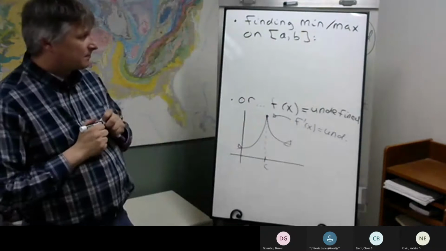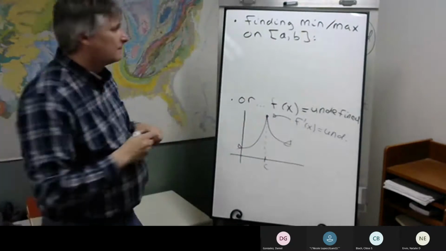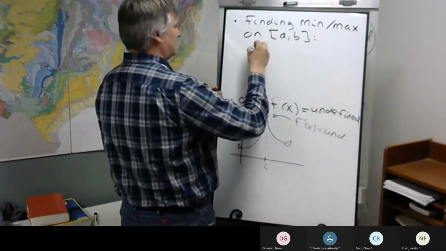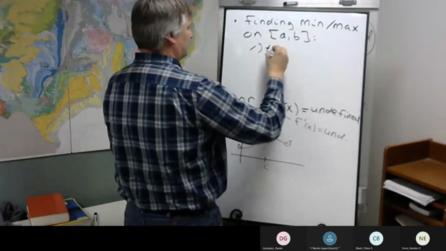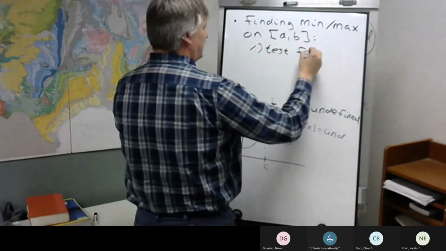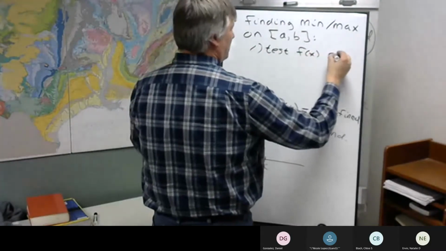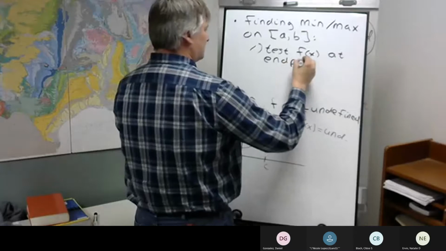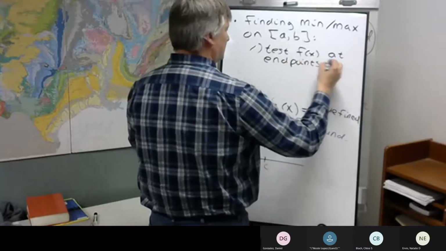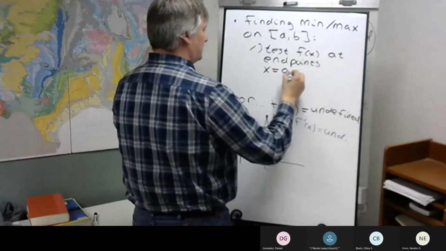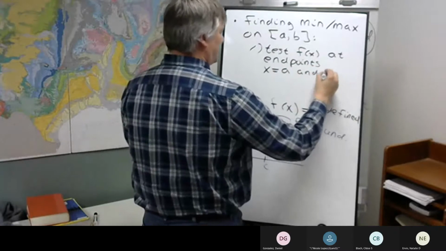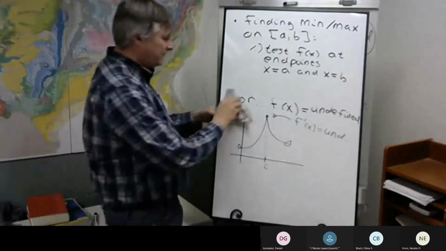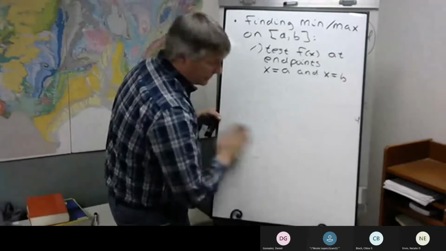So what are we going to do? Well, what we want to do, and we're going to test f of x at endpoints, x equals A and x equals B. So we want to find the value of f of x at those endpoints.